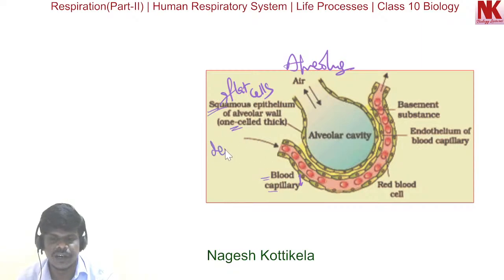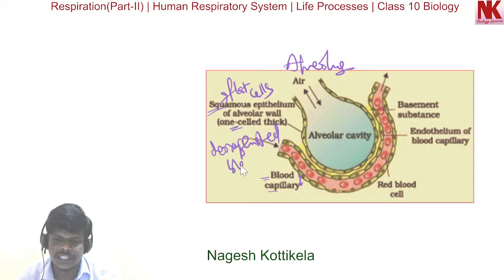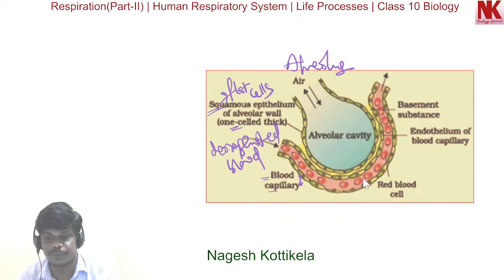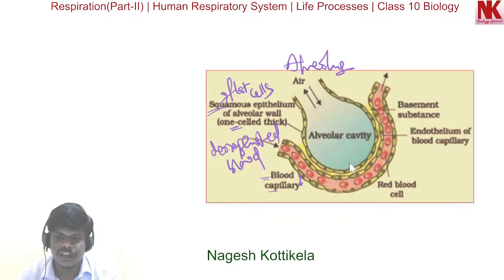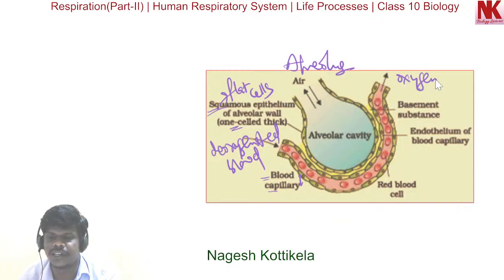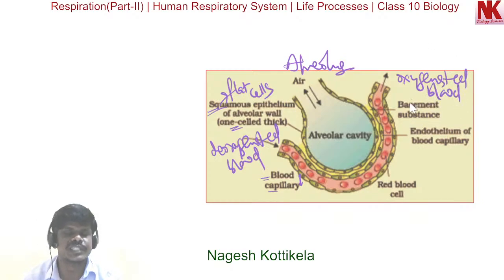Deoxygenated blood is coming in this direction, and now it is moving inside this blood capillary. Because of the gaseous exchange process, the blood gets oxygenated, and this oxygenated blood now moves towards the heart.